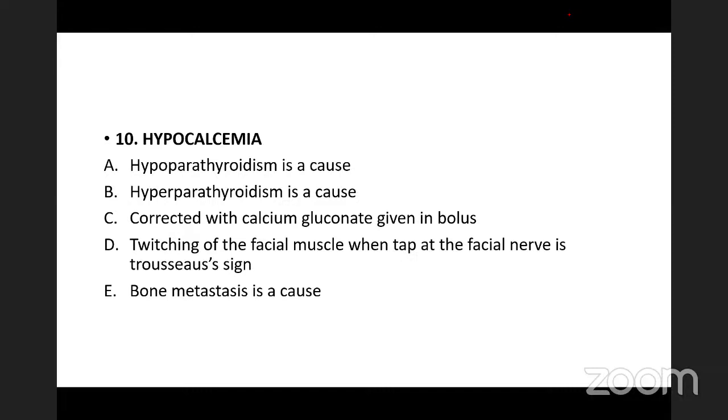You have carpal spasm. When you inflate a BP cuff up to 20 millimeters of mercury above the systolic pressure of that individual, you now see the patient having twitching of that hand. That is Trousseau's sign. So here, this is false.